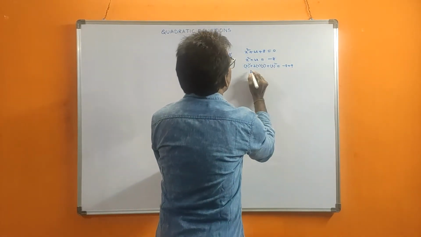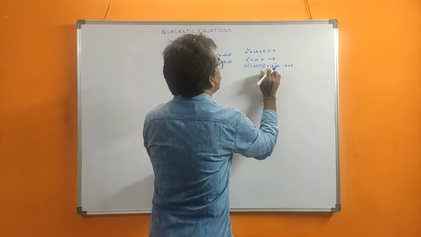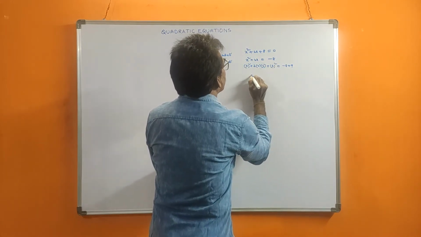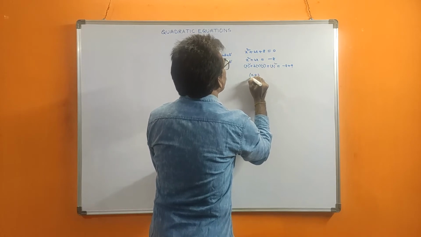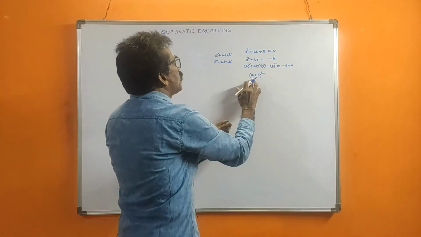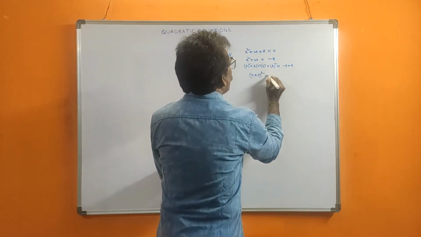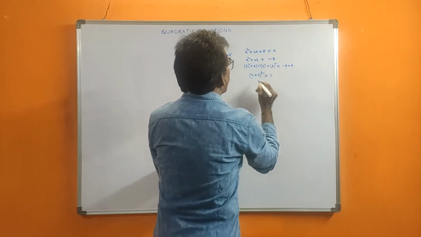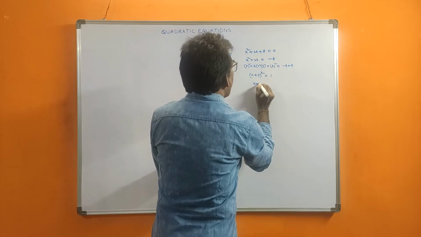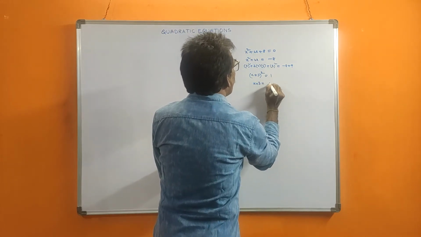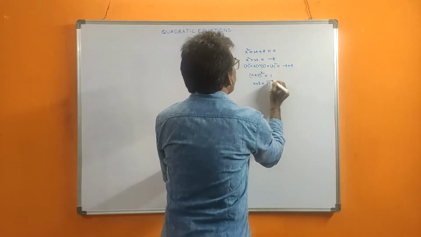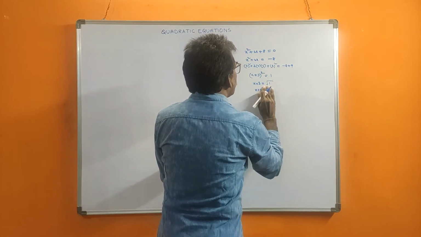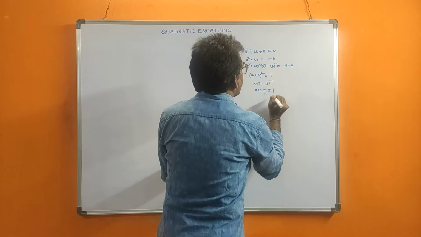I added this side. Now because we added like this, it is in the a square plus 2ab plus b square form. That's why it is equal to x plus 3 whole square. If you expand, this will come. Now the other side: minus 8 plus 9 means 1. Now x plus 3 is equal to, taking to this side, root of 1, plus or minus 1.